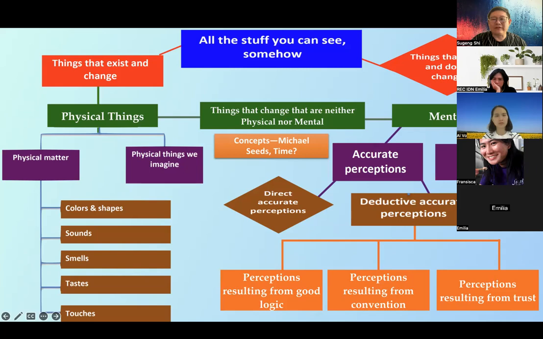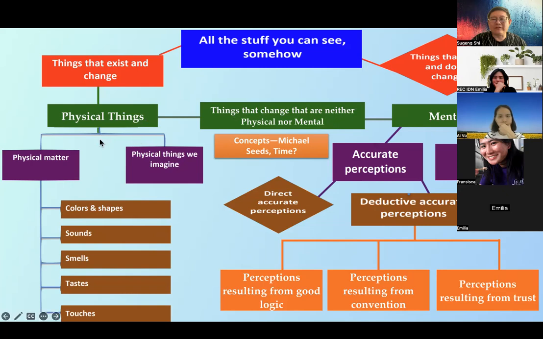Let's put the don't change aside because this is not many and difficult. Let's go through things that exist and change. We can divide them into physical things, mental things, and things that change which are neither physical nor mental. So we can divide this into three.